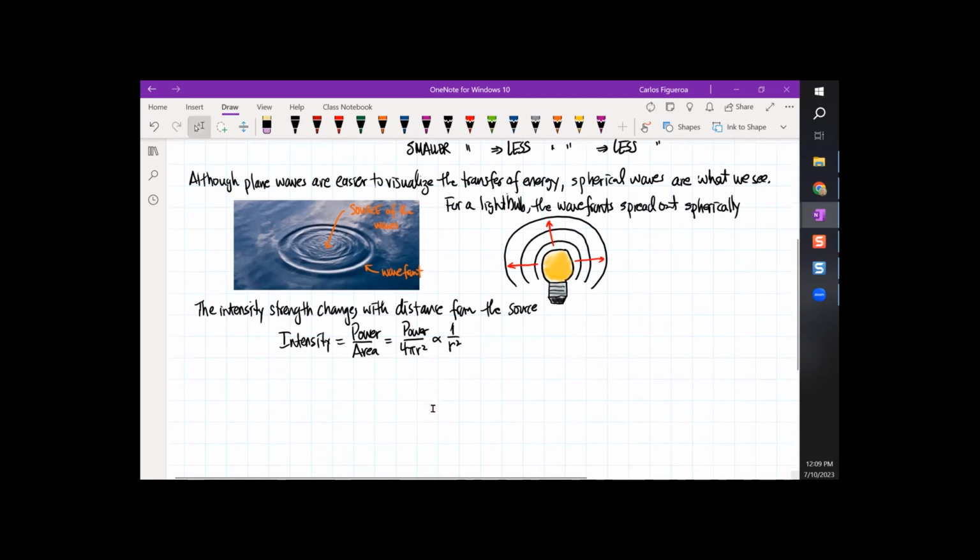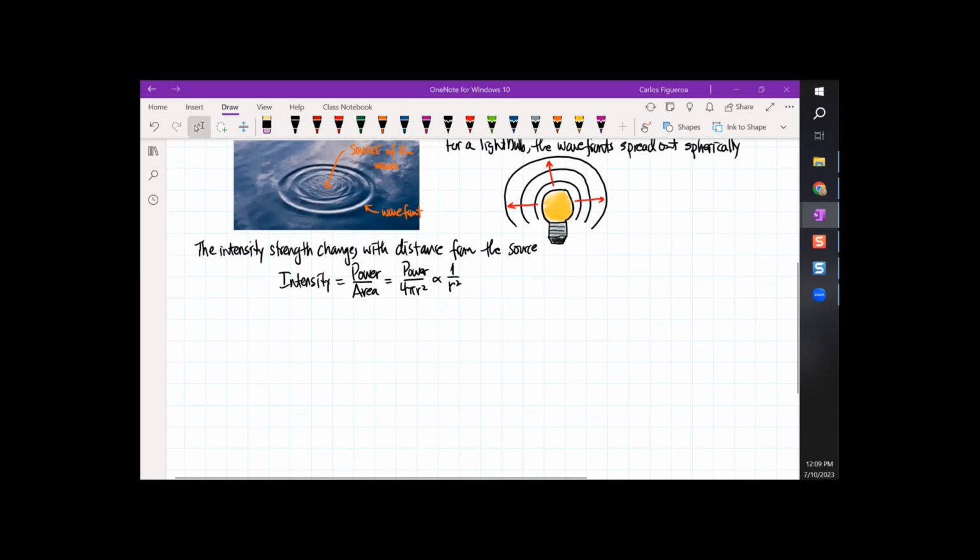If I look at that power, I could imagine a wave that's spreading out. In this image, you can see these are spherically spread out waveforms. If this is my center, then it's emanating from this point out spherically. I can look at two different points: point 1 right here, or point 2 out here.